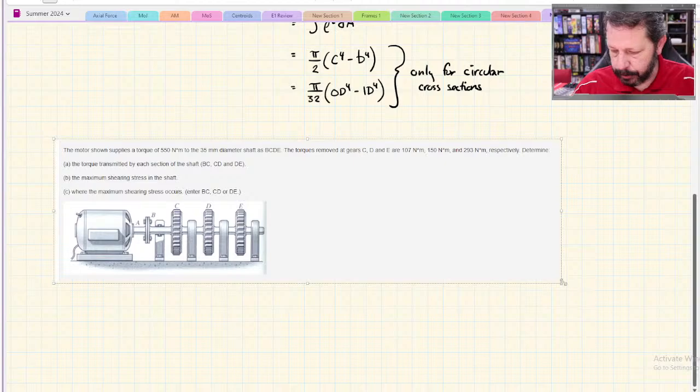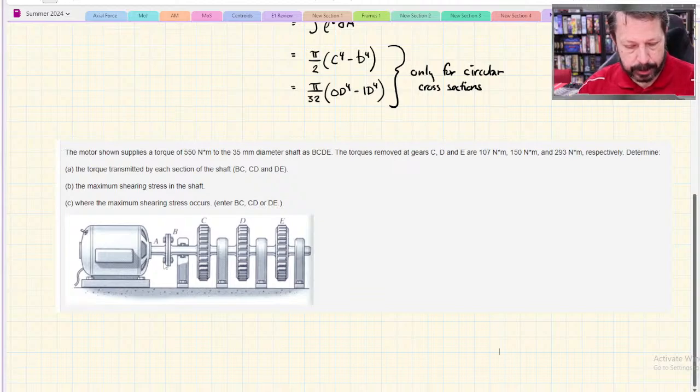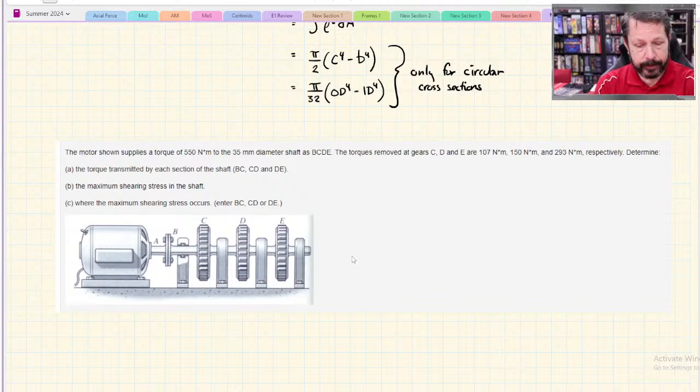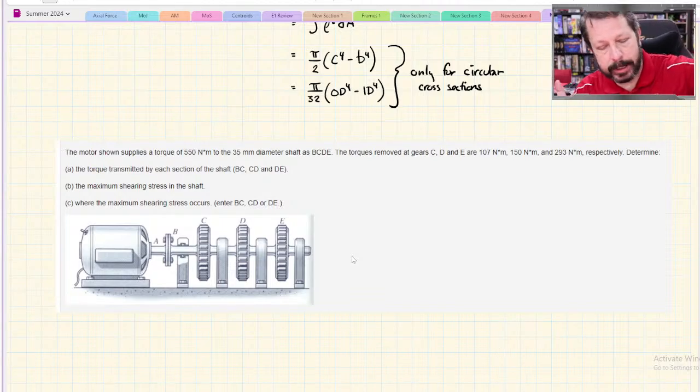All right, so here's our problem. We've got some kind of electric motor. It's connected through this coupler to a shaft that has 3 different gears, C, D, and E on it. And the motor is supplying 550 Newton meters of torque, and then it gives us a diameter for the shaft, and then it talks about these torques removed at gears C, D, and E. So what's going on here is there's a gear at C, and it's connected to some other stuff we're not seeing.